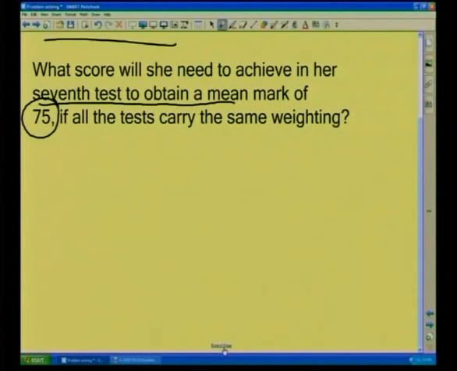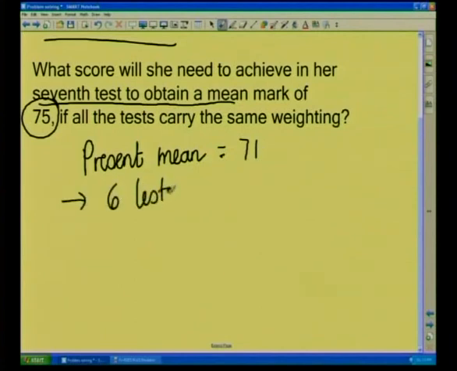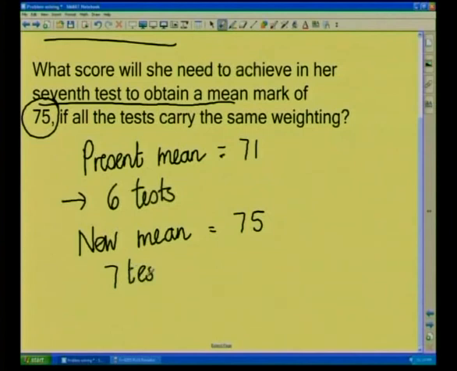Well, her present mean is equal to 71, and that was for 6 tests. Her new mean, she wants 75, and that was from 7 tests.